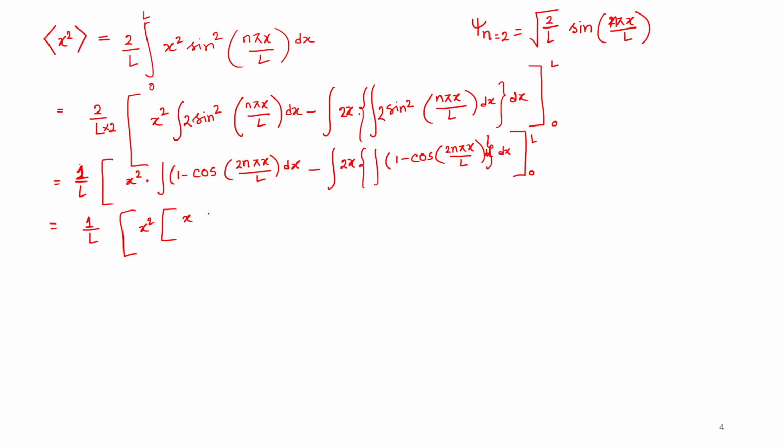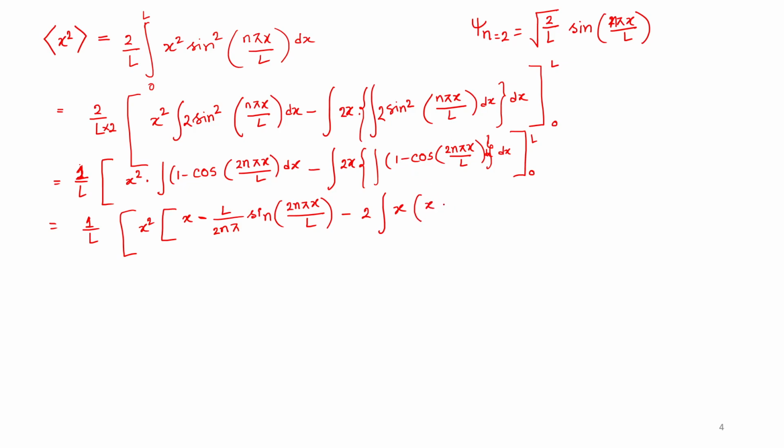X for 1 it is x, and it will be L by 2n pi sine 2n pi x by L minus. Now the problem is we are again getting back our x, x is still there, but the integration still holds that x.